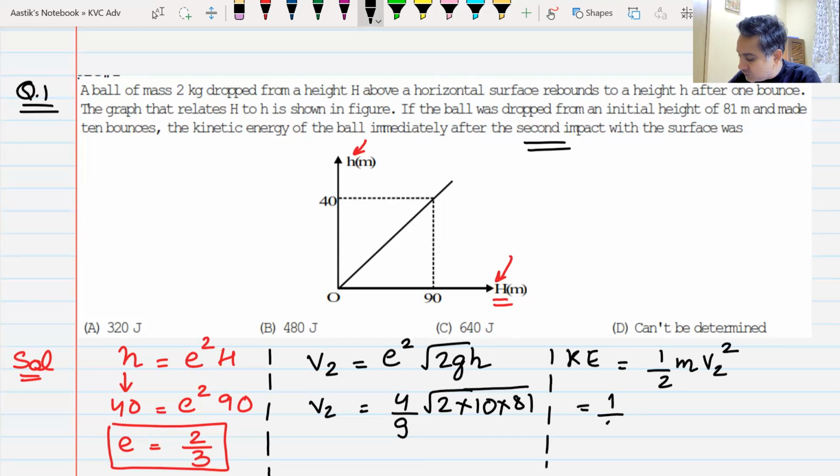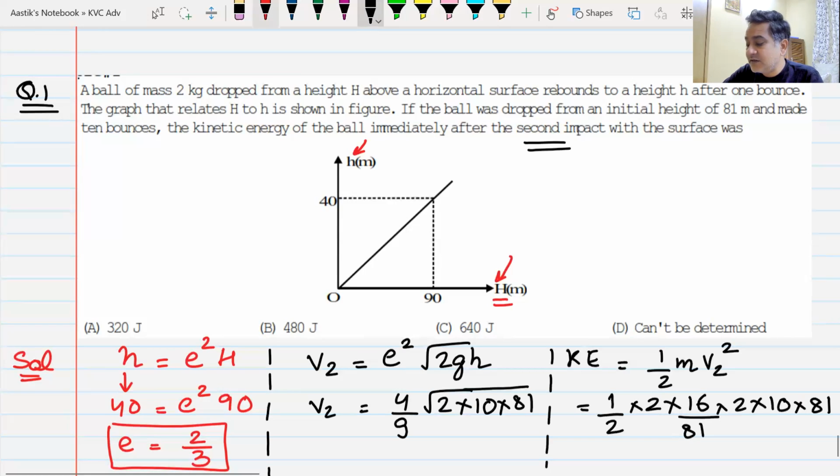Just put the values: half into m, which is 2, into v2 square, which is 16 by 81, into 2 into 10 into 81. That is why 81 was given. That is your answer.